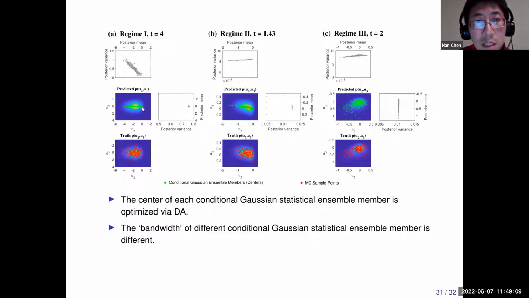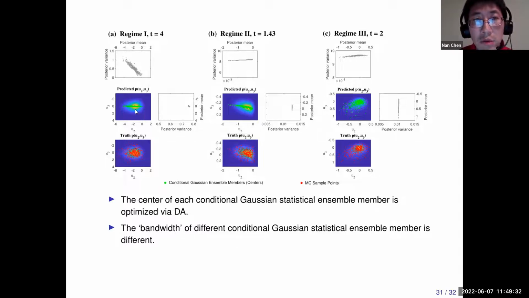While the green ones here are the ensemble means of each conditional Gaussian ensemble member. And what you can see here is these ensemble means themselves will not recover the true distribution. But don't worry about it, because for each ensemble member here, we still have a covariance around it.